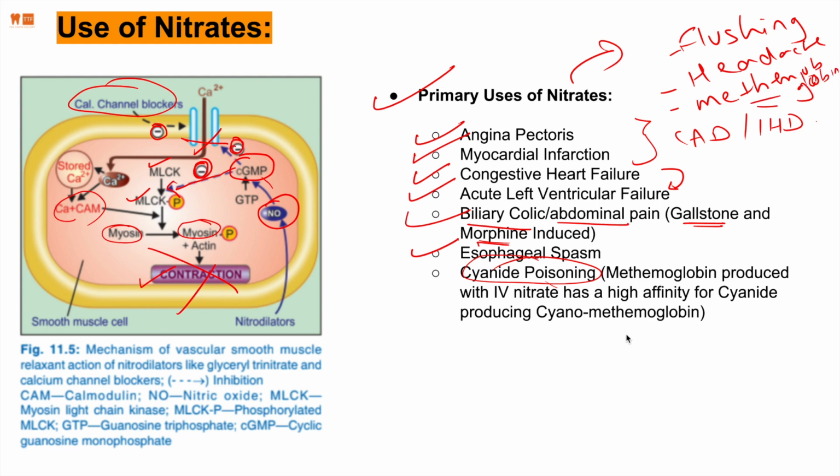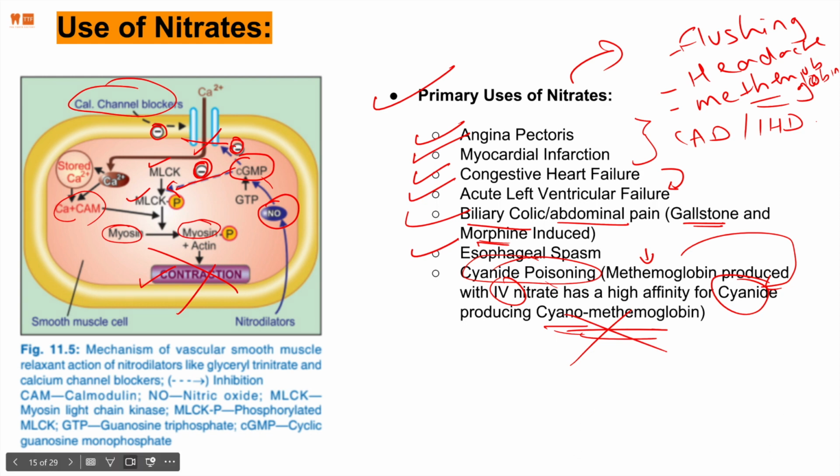Methemoglobin is actually harmful for our body normally, but it's produced in small amounts with nitrates as a side effect. So when somebody's been poisoned with cyanide, you have to give IV nitrate because methemoglobin has a high affinity for cyanide. The methemoglobin is highly potent at attaching to cyanide, making it inactive. It makes cyanomethemoglobin. Cyanomethemoglobin deactivates the cyanide, therefore cyanide poisoning can be treated.